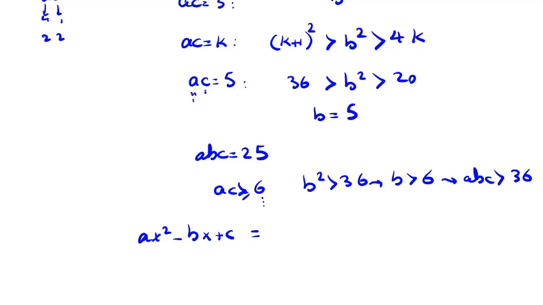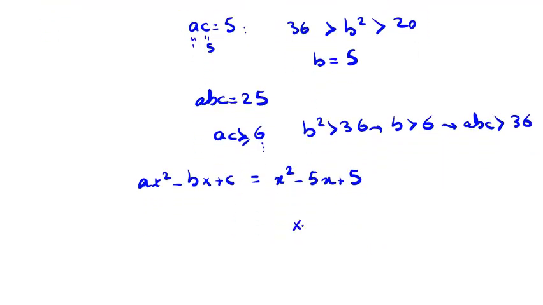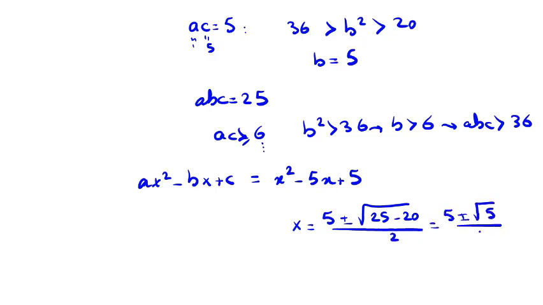x squared minus 5x plus 5. So if we consider the roots, x equals 5 plus or minus the square root of 25 minus 20, over 2. So it will be 5 plus or minus root 5 over 2. So the roots here are not good.